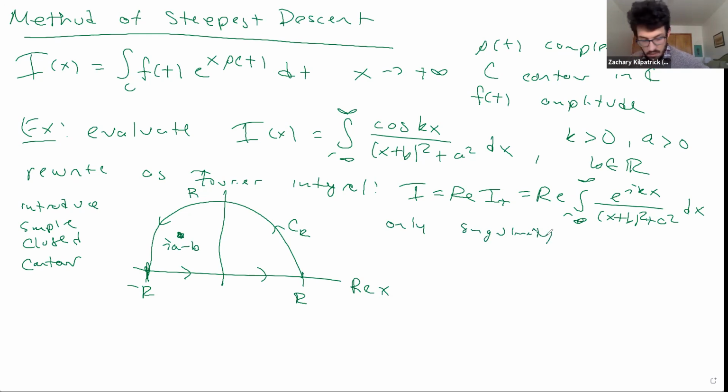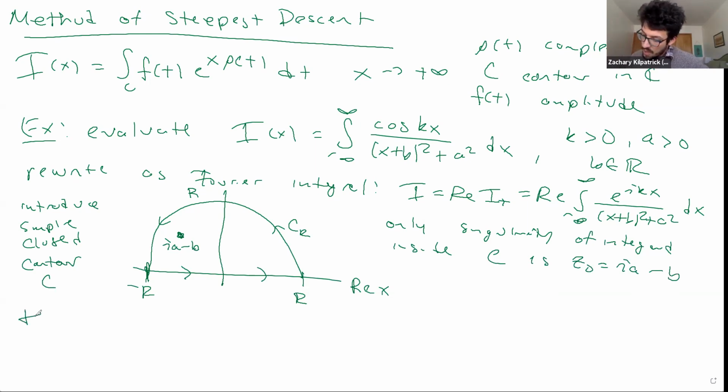So the only singularity of our integrand inside our contour, this little simple closed contour C, is some point we'll call z0, which is i a minus b.